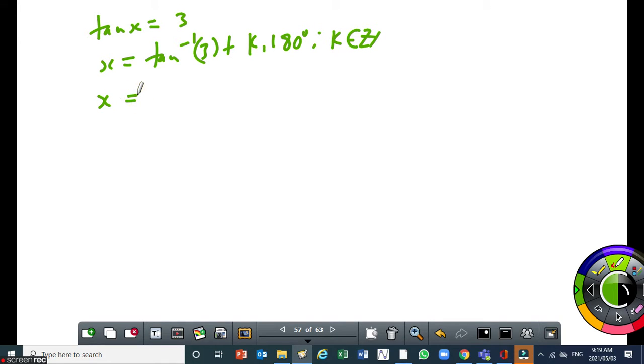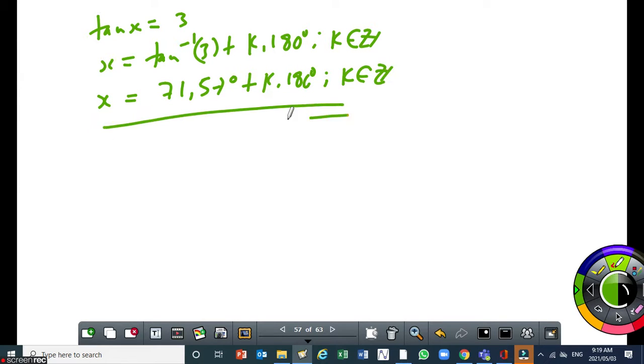What is shift tan of 3? To 2 decimal places, 71.57. Right, plus k times 180 degrees, where k is an integer. So that will be your general solution.